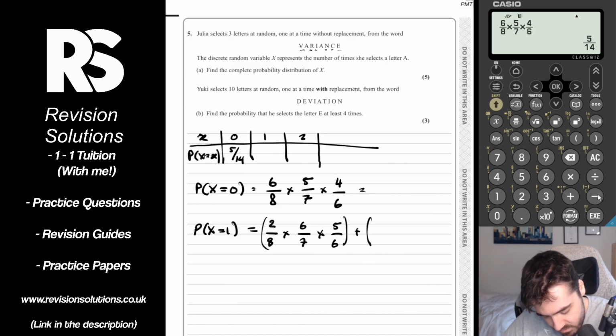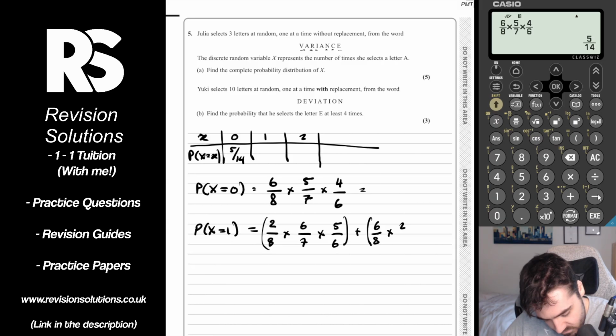Then the second one would be where she picks it on the second go round. The first one is not an A, so that'd be 6 in 8. Then she does pick the A, which would be 2 in 7. And then the last one would be she doesn't pick an A again, so there'd be 5 non-A's left out of a total 6. But if we look at this compared to the first, it's not going to actually matter.